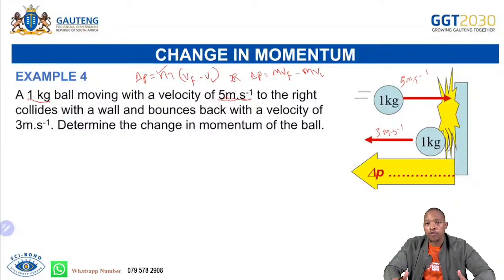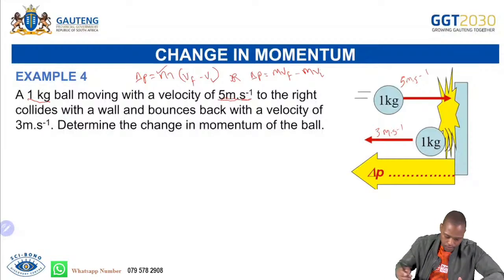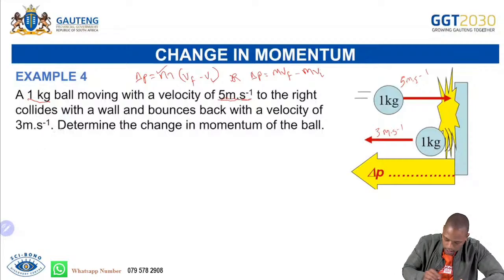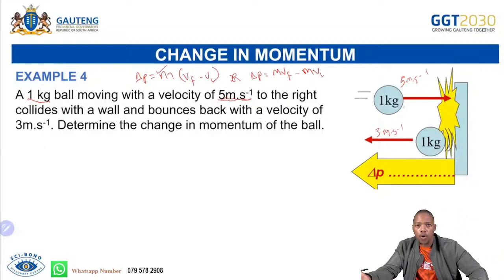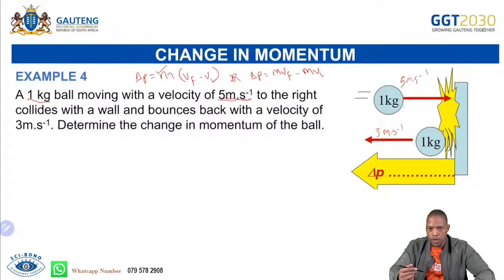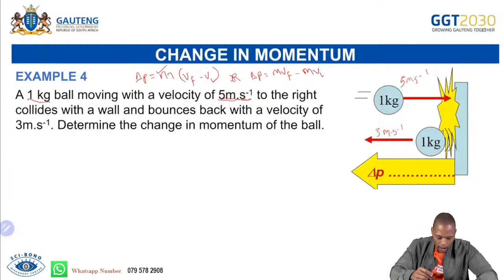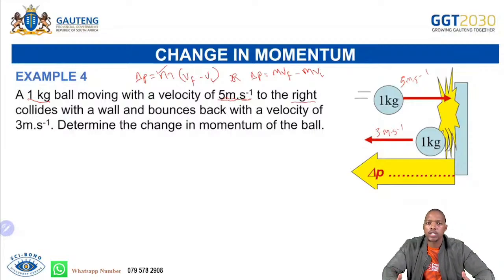But before I do the calculation, what's the first thing? I must take direction. Luckily this time around, I have a diagram that shows me a ball going to the right and bouncing back to the left. I also have it here that 5 meters per second goes to the right. So I don't have to stress about the direction of motion, opposite direction of motion thing that I had to deal with in the previous example.